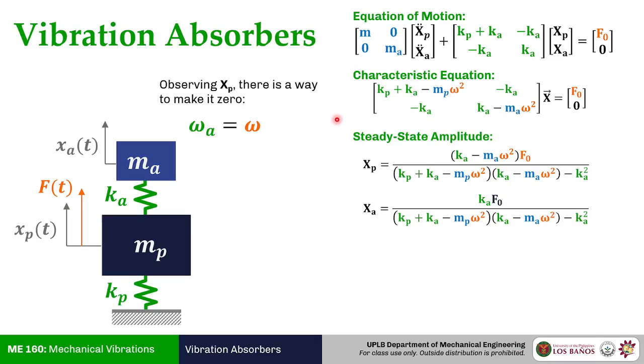In order to completely kill the vibration of X_P at the forcing frequency omega, our omega A must equal the forcing frequency. So take note, a tuned vibration absorber will have its absorber frequency equal to the forcing or the disturbing frequency.